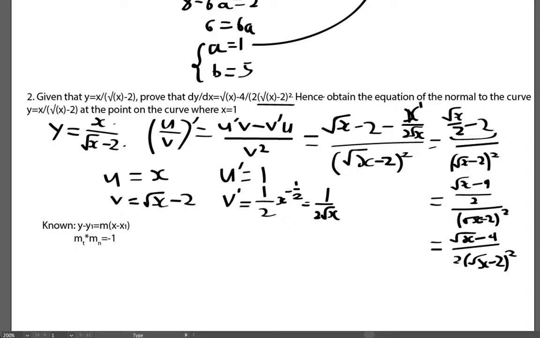It is perpendicular to each other. That's why we have this function here. We know that a gradient with another gradient will be perpendicular if the result of their product is negative 1. That's why.